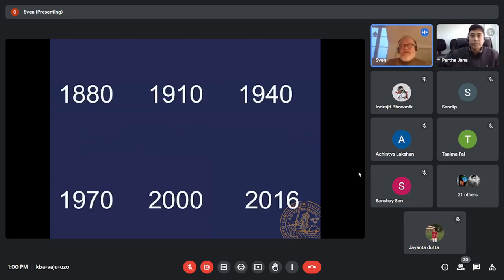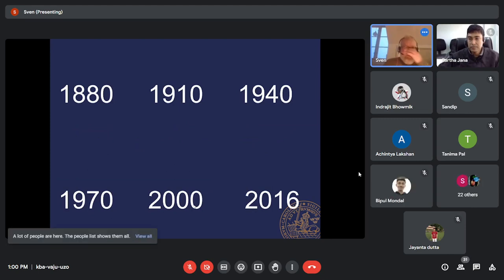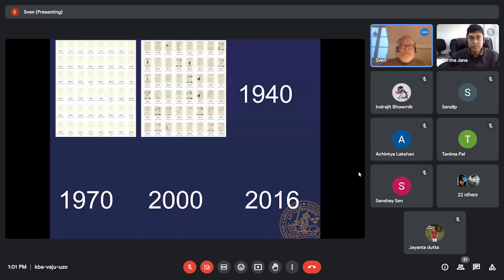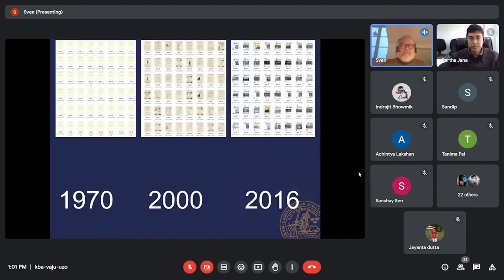Just to illustrate how images are taking over science, I'm going to show you the covers of one year of a well-known scientific publication. I'm going to show you 1880, 1910, 1940, 1970, 2000, 2016. Now note that in 1880, there was just text.